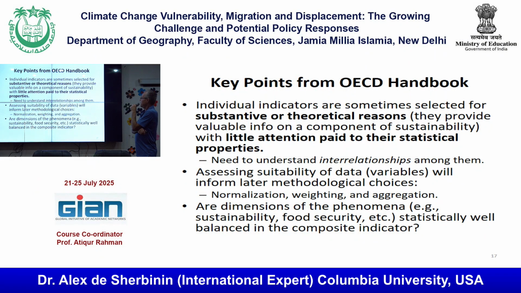Individual indicators are sometimes selected for substantive or theoretical reasons. It's because they're so closely tied to the issue. And they provide important information about vulnerability or sustainability, but what people tend to ignore when they develop indices is the statistical properties of each variable and how they relate to one another.